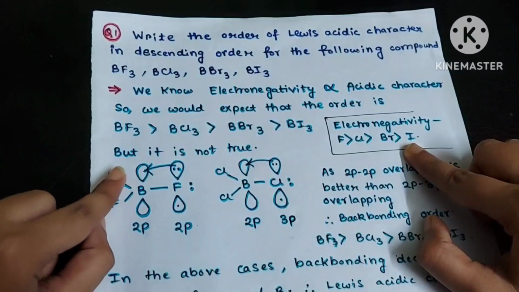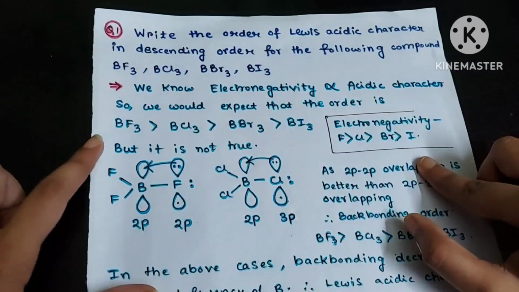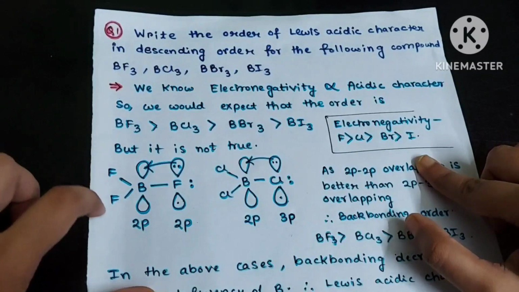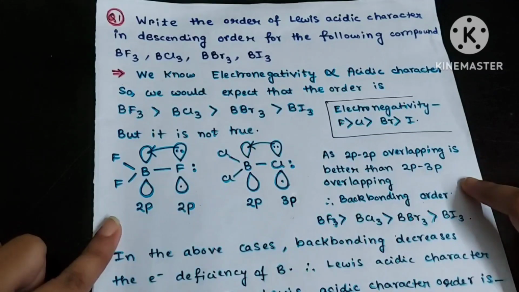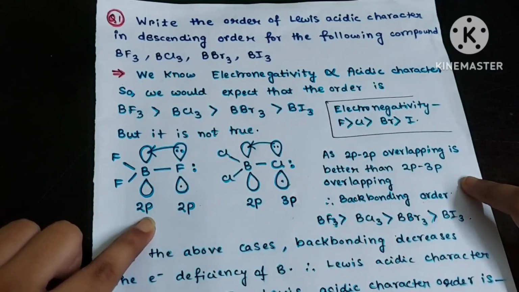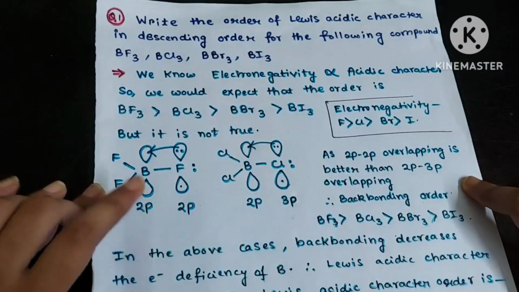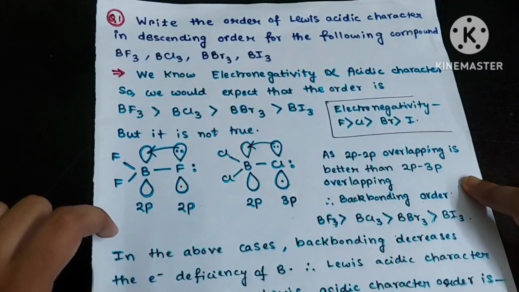But this order is not true. This order is not true because here in BF3 back bonding will take place. So here 2p back bonding will take place because the electrons of the 2p orbital of fluorine will be transferred to the empty 2p orbital of boron, and the electron deficiency of boron will decrease.